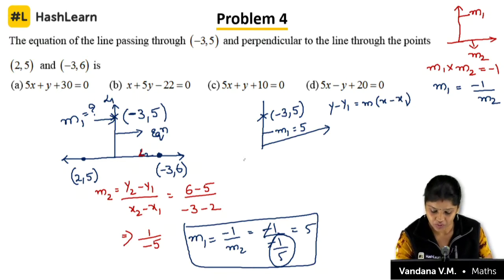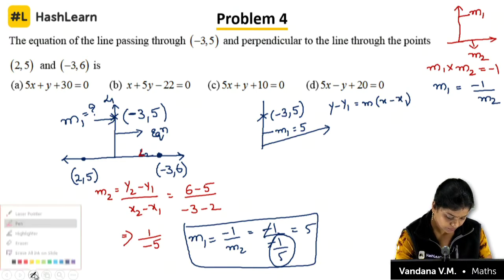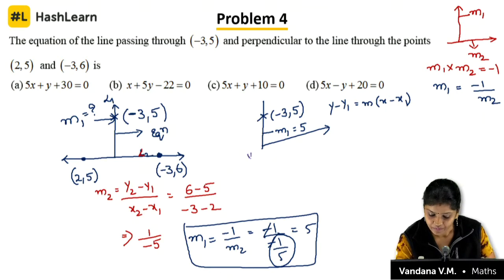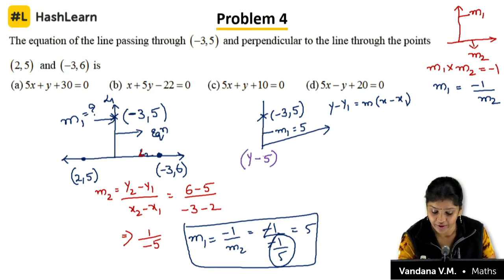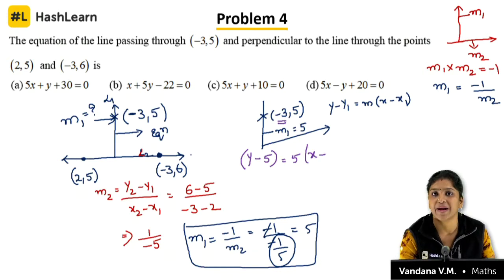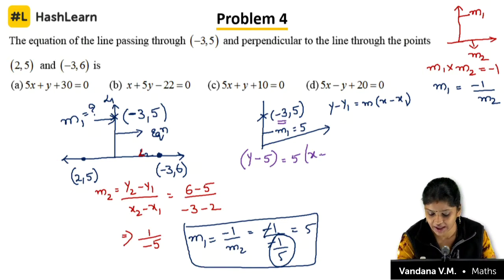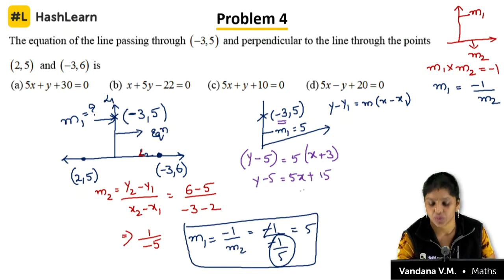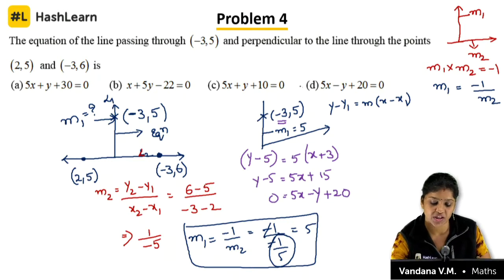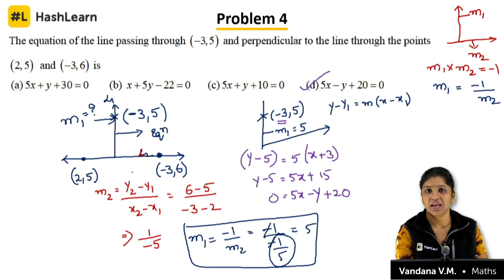Please substitute those values: y minus 5, m is 5, x minus, already minus 3 is there, minus into minus I will get plus 3, multiply 5x plus 15. y minus 5, bring it to one side, 5x minus y plus 20 is equal to 0. So which option is correct? Option D is correct. Clear children? Yes.